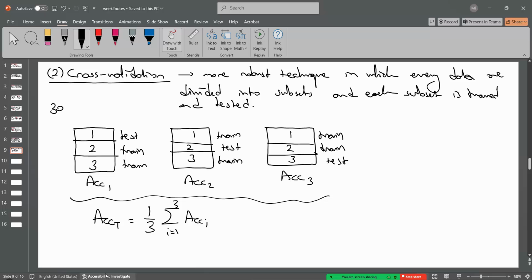If we divide our dataset into 5, this equals 1 divided by 5, times the summation over i from 1 to 5 of accuracy i. This can be utilized for robust training datasets. Okay, any question?